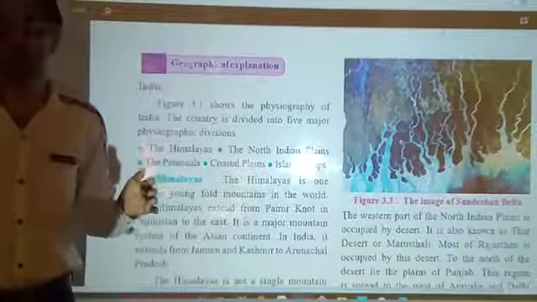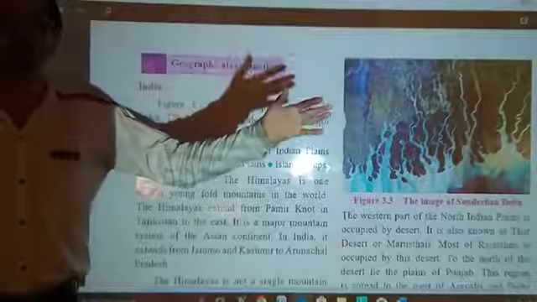Himalaya determines the climate of India, especially precipitation. Monsoon rainfall is determined not just by monsoon wind but also by the Himalayan mountain ranges. How? That will be studied afterwards.